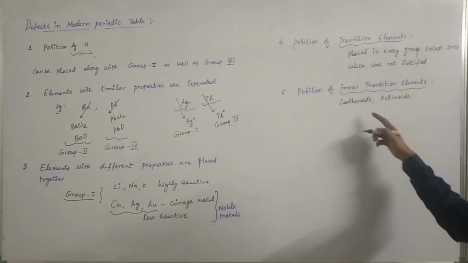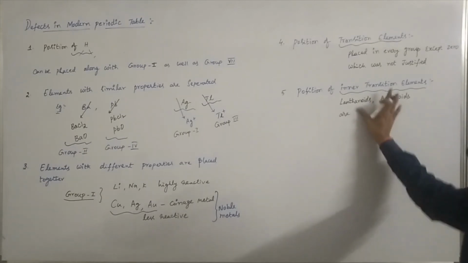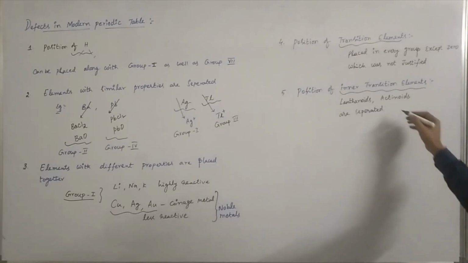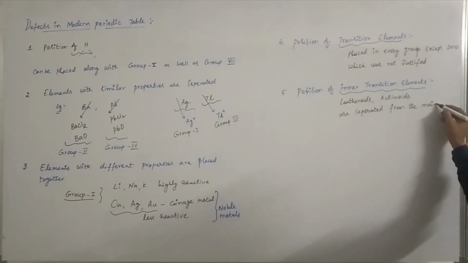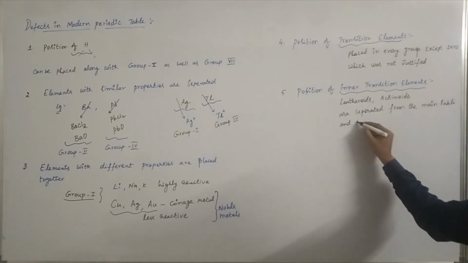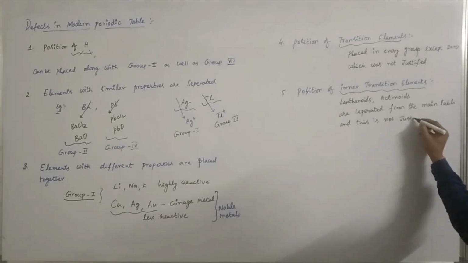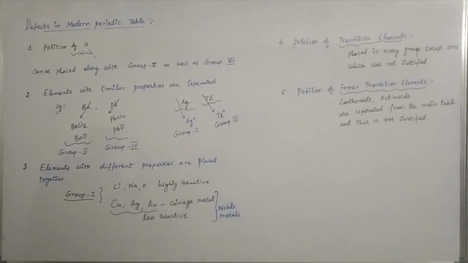There is no proper explanation for that. They are separated from the main table, and this is not justified. These are the limitations of, or defects in, the modern periodic table.